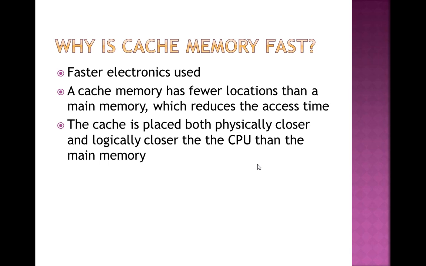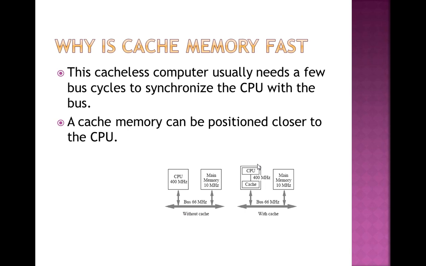Then, why is cache memory fast? What is the reason for the fast access in cache memory? The first point says fast electronics are used, because the chip requires multiple condensers used for faster access.